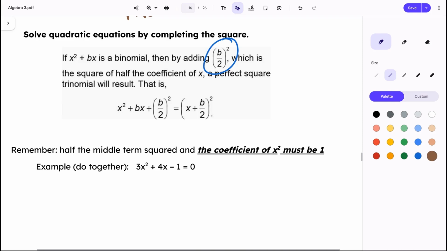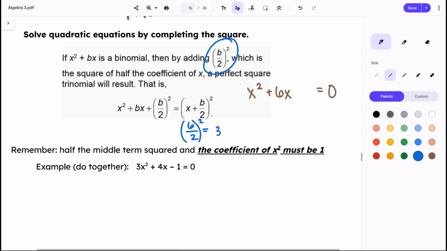If you had an equation that said x squared plus 6x, okay, if you were going to do the completing the square process, so let's just say it says 0 over here, like there was no constant term, you would take 6 divided by 2. What is 6 divided by 2? 3. And you would square it.